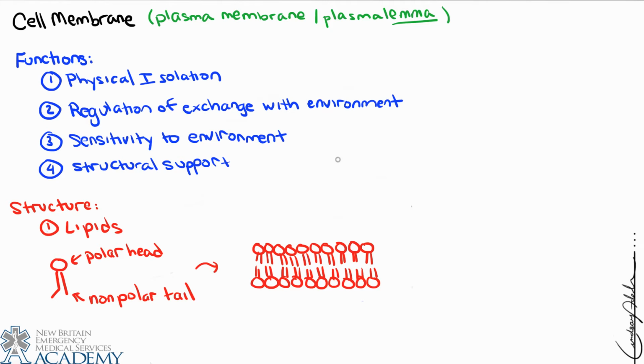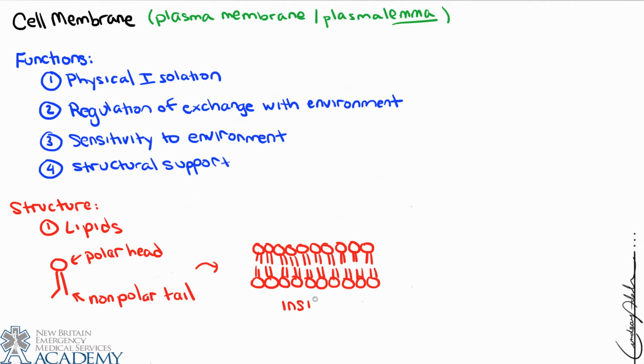The polar heads want to associate with water, and the nonpolar tails do not want to associate with water, and so naturally they will orient themselves. They'll move in such a way that the polar heads are all facing the water on either side of the cell, inside and outside, and the tails are facing towards each other and are protected by the polar heads from that water.